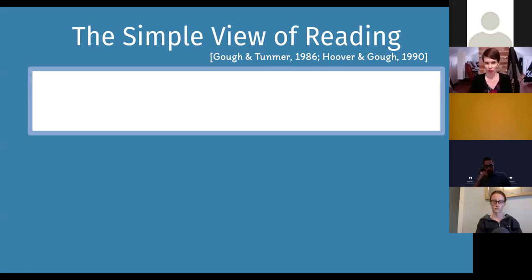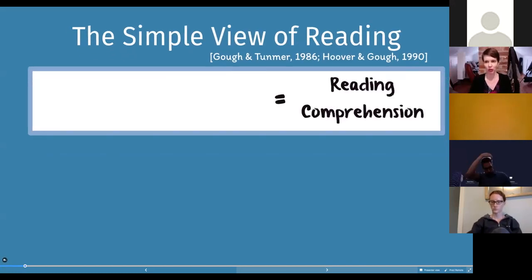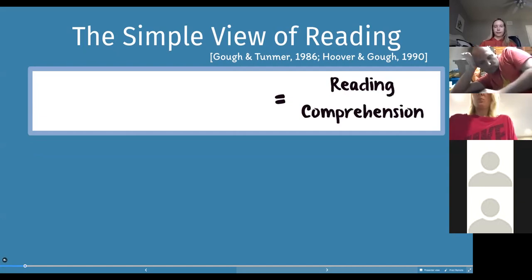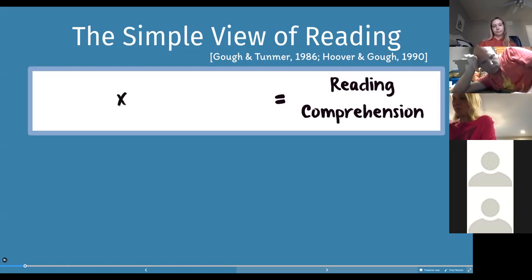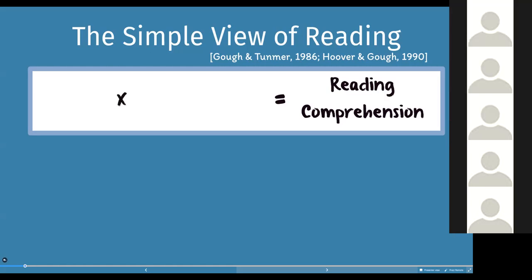So the way that the simple view of reading goes is it's very formulaic. So we have reading comprehension as our goal. Reading comprehension refers to the ability to actually understand what you're reading. I think most people can agree on this. And then there are two components that support reading comprehension, and we take the product of those two components.